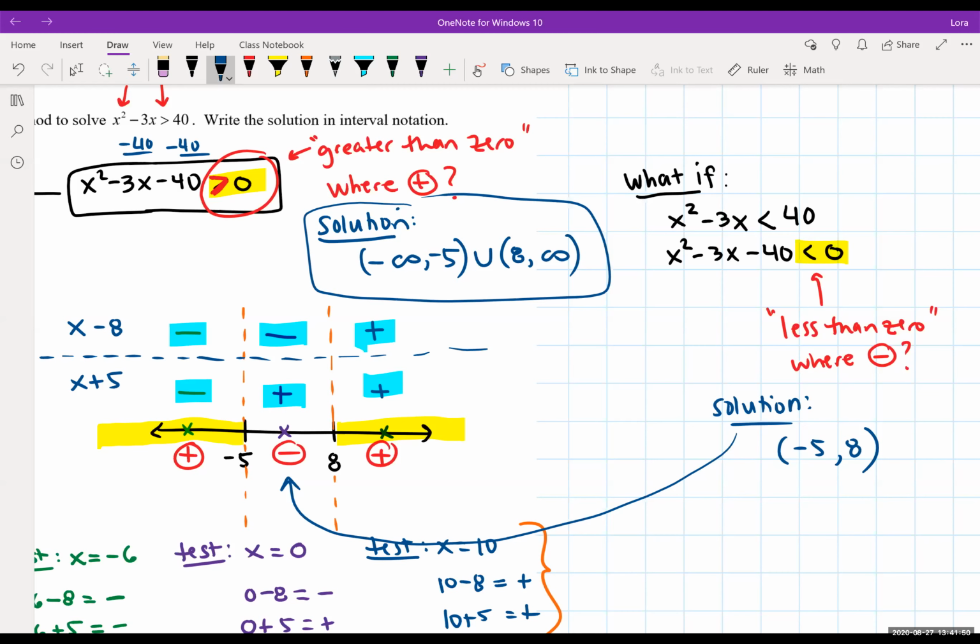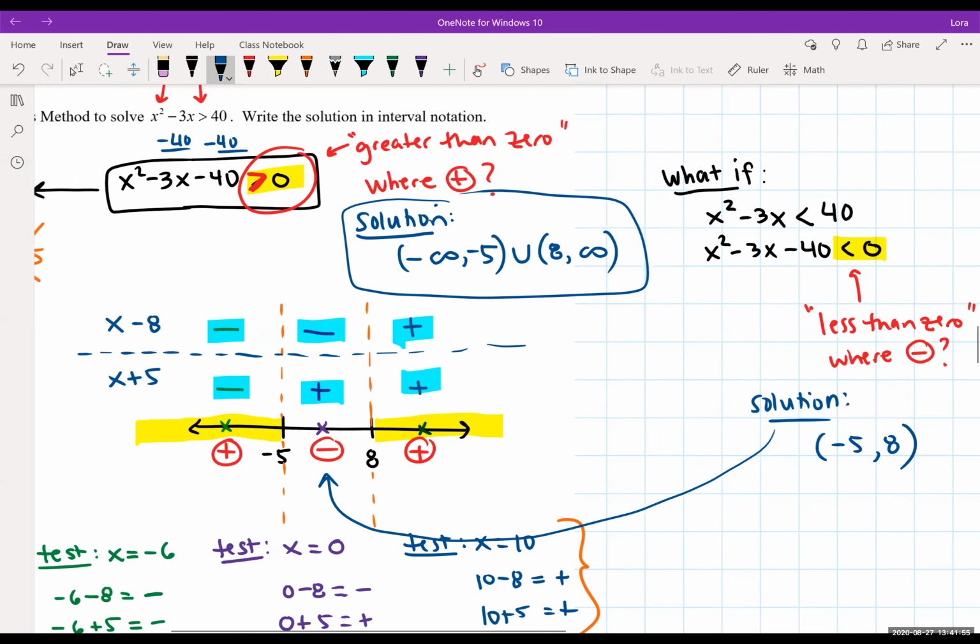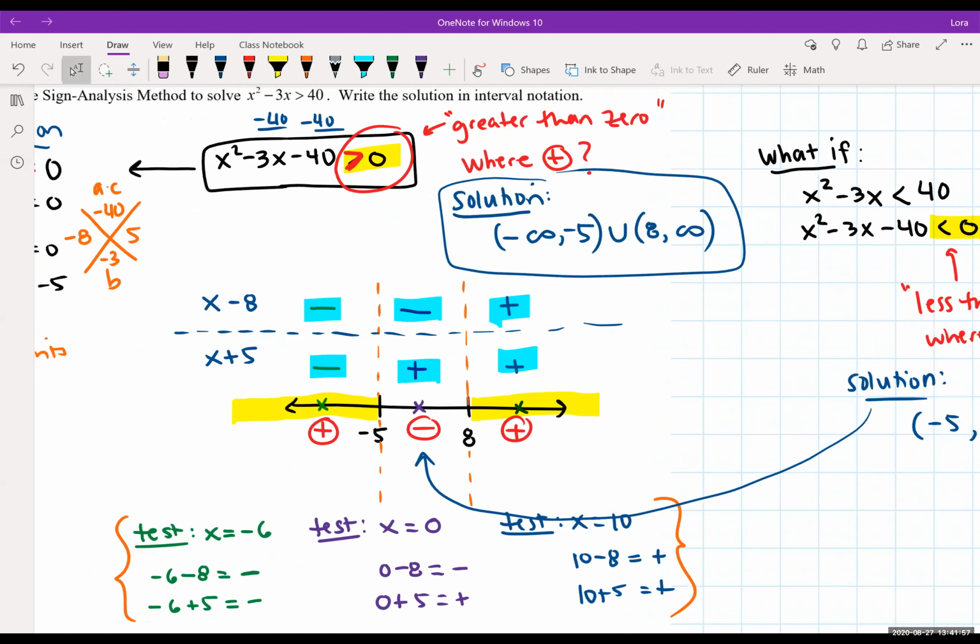And I just want to point out one other thing. When you make this sign analysis chart, you're really interpreting what's happening to the function in those regions of x.